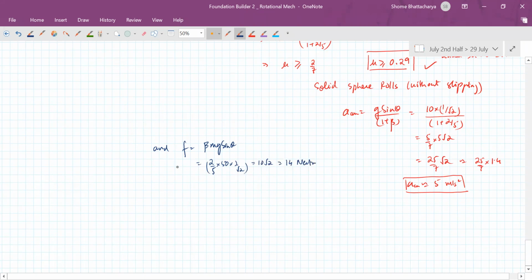So nearly 14 newtons of friction will be acting on it, whereas the maximum friction available would be more than that.